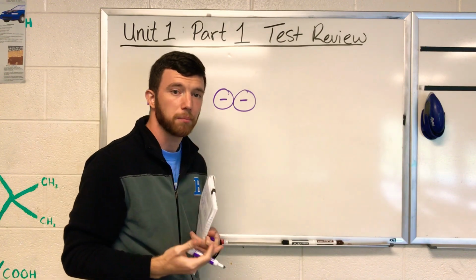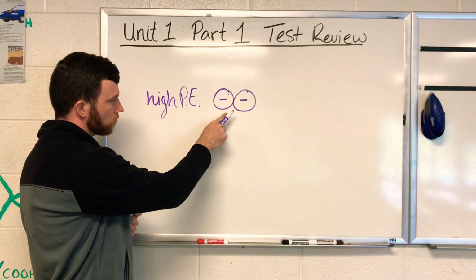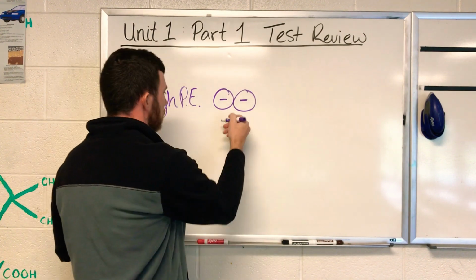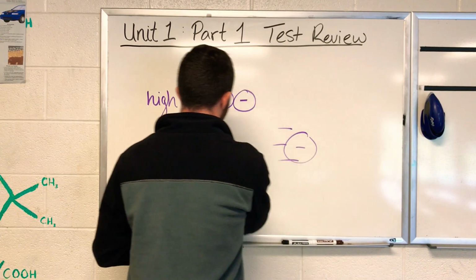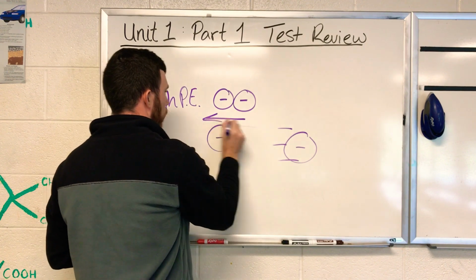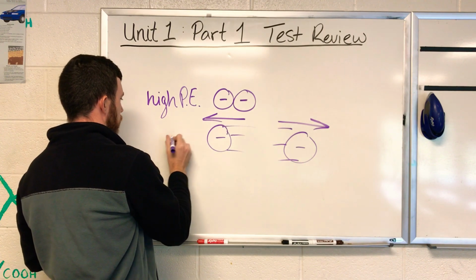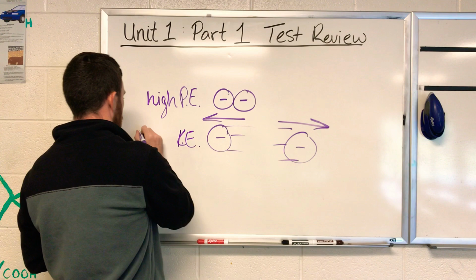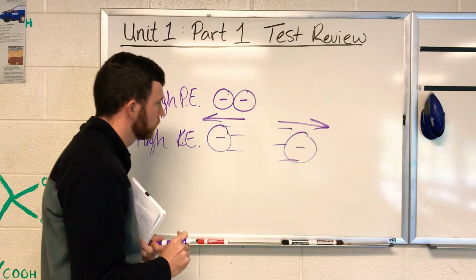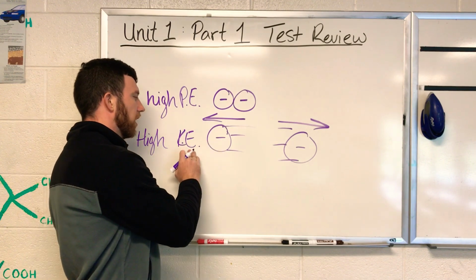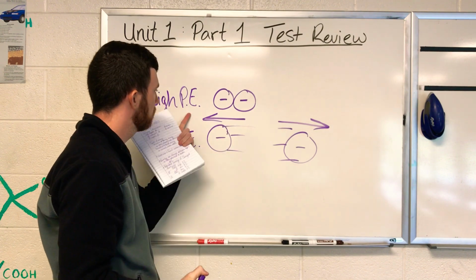I'm gonna call it PE, and I'm gonna call kinetic energy KE. So we have high potential energy, and then when you would press play, they'd move apart from one another and turn the potential energy into kinetic while they moved. So if they're moving, it's kinetic. If they're staying together, that's potential.